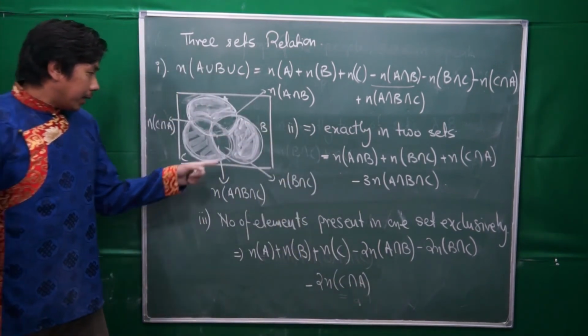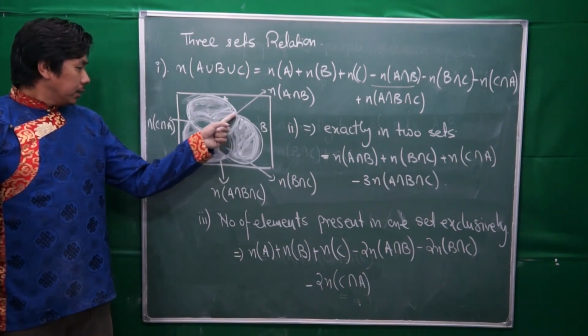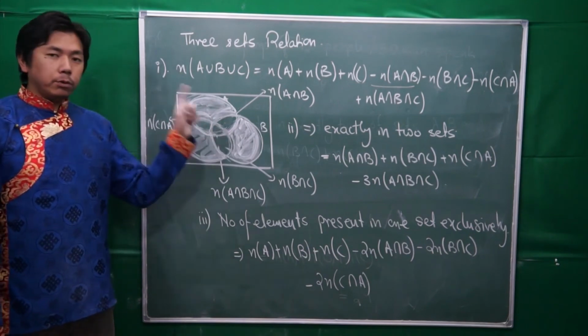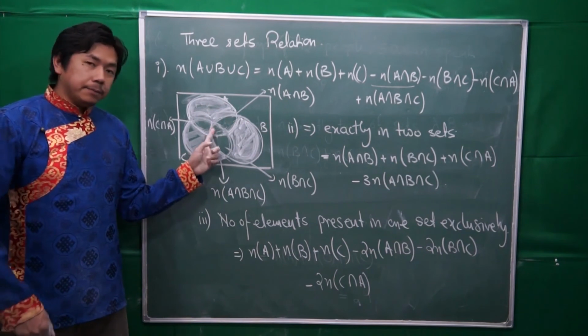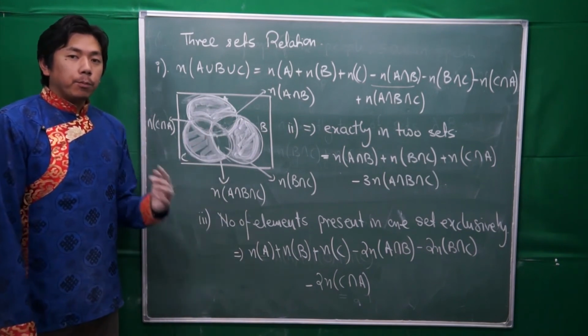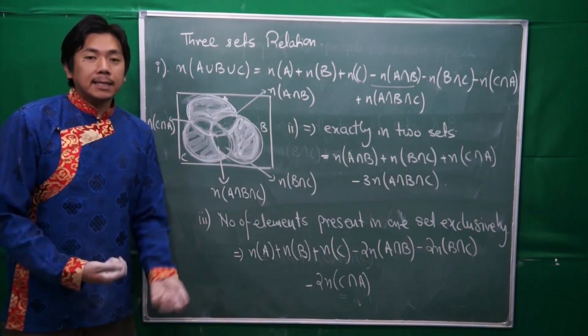Now what is happening? You are removing this 2 times. This is being removed 2 times. This is being removed 2 times. Okay. But what is happening to this part? This is getting removed more than 3 times. It is getting removed 6 times.